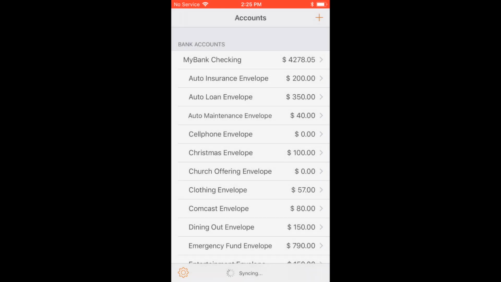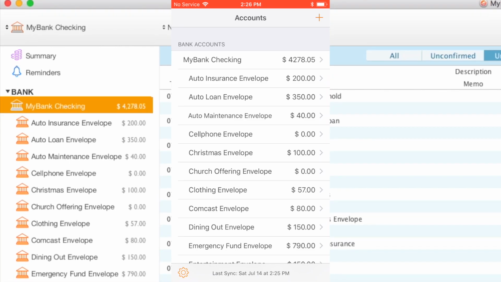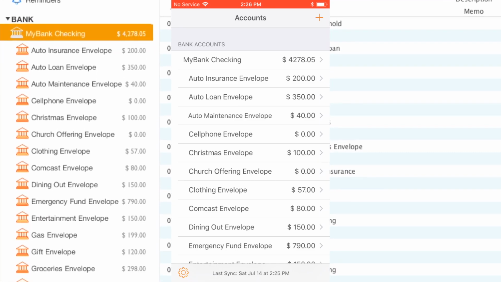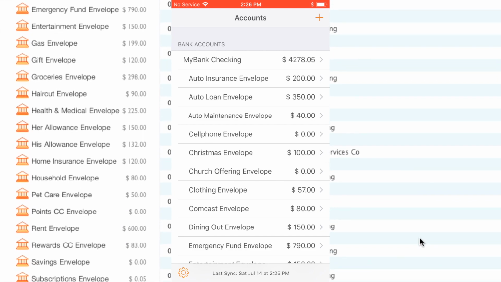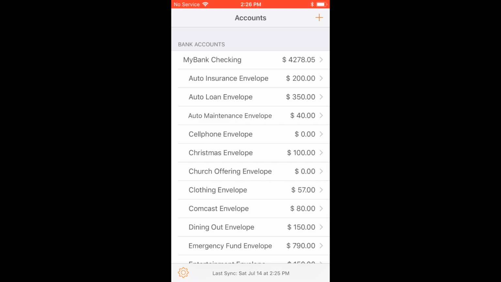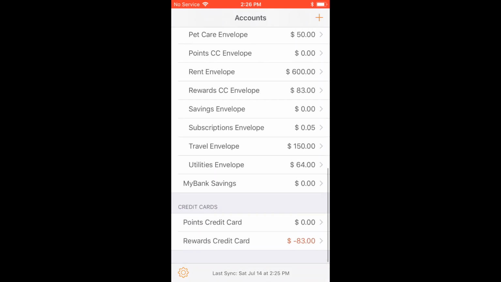So we're going to go ahead and open that up, and it brings us to the list of accounts that looks just like the left side list of accounts within the computer application. So you should see the same parent account and all the different envelope or subordinate accounts all the way down through the credit cards.